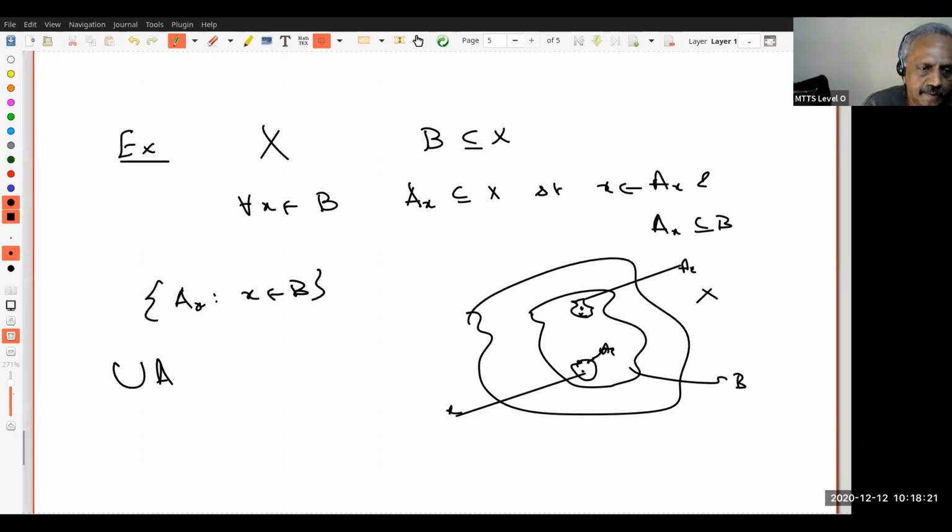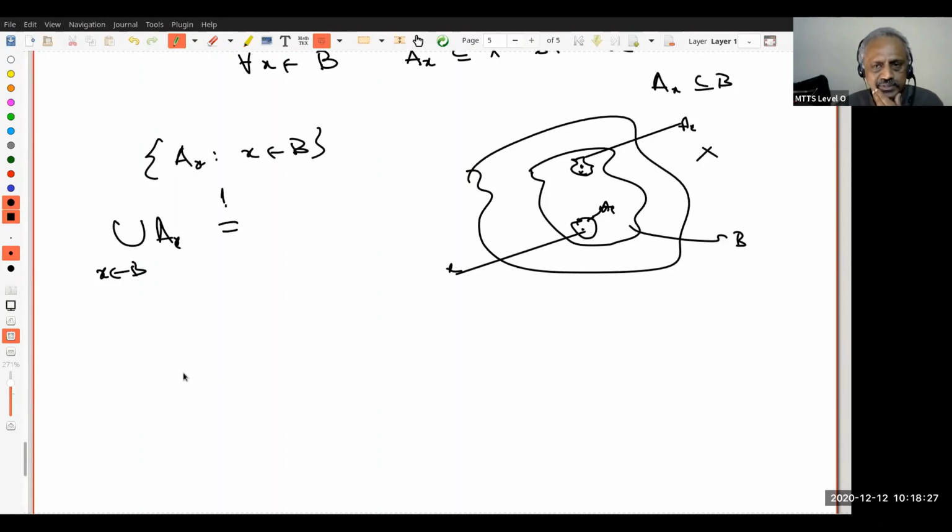What is the union? This is what we used when we dealt with open sets, etc. That's very clear. Notice that A_x is always a subset of B, therefore the union is a subset of B. Next.